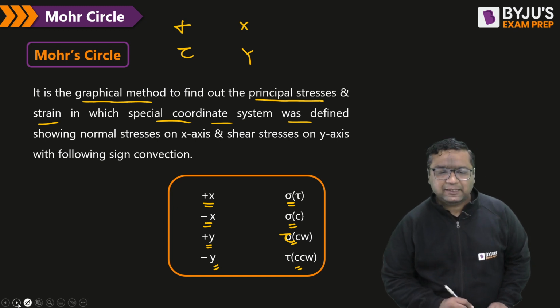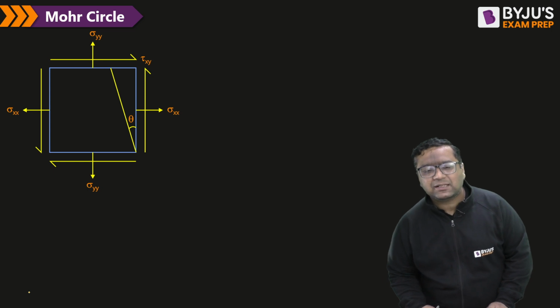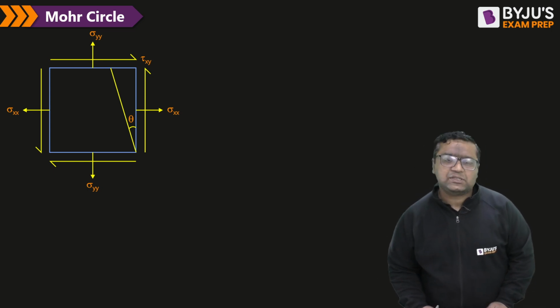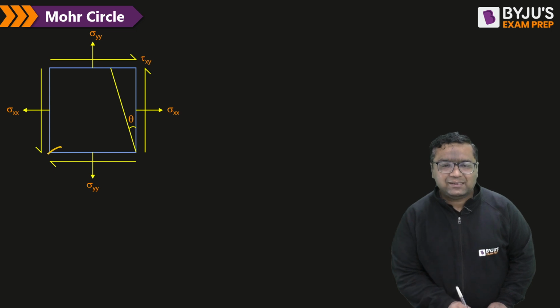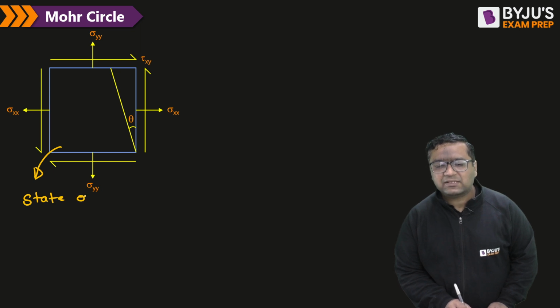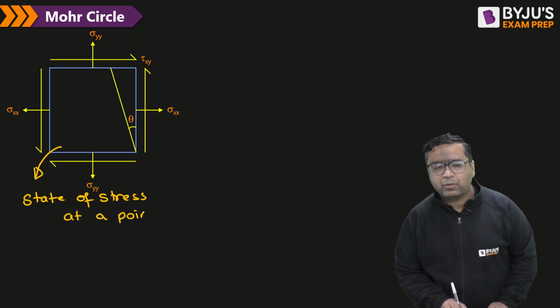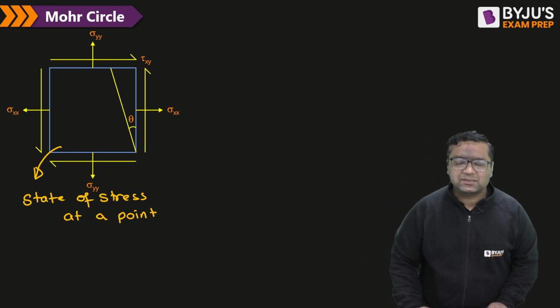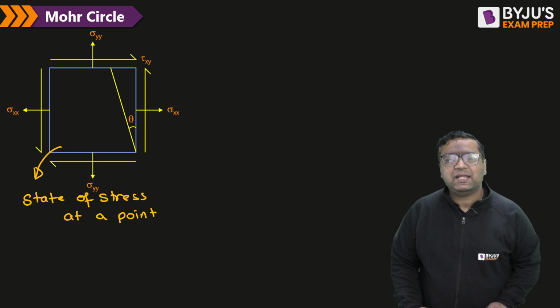Now we will see how a Mohr circle is plotted for the most dangerous loading condition, which is combined loading. This shows the state of stress at a point. We have already discussed that stresses are defined at a point, and we have also seen how to write the stress at a point in the form of a tensor quantity.